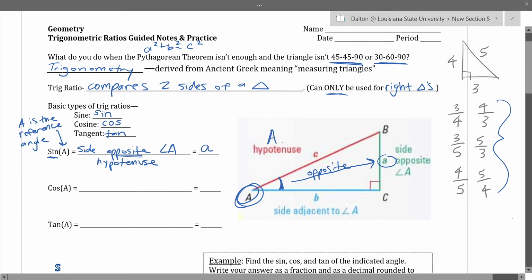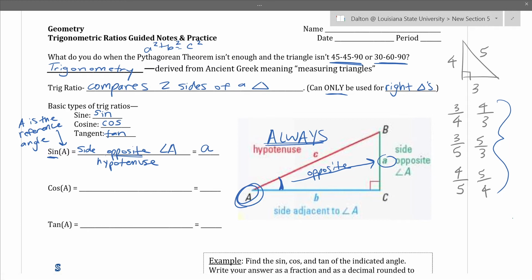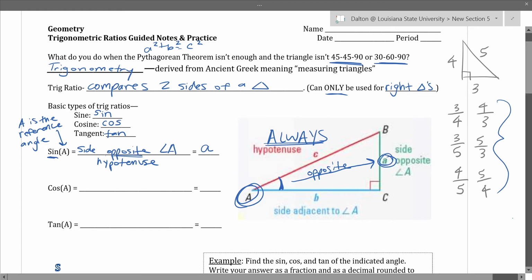This will never be anything else, no matter what. And you'll see when I get to switching these why the reference angle is important and how this side A could actually be something different depending on your reference. The hypotenuse in this case is C. So A to C is specifically the ratio that we call the sine of angle A.